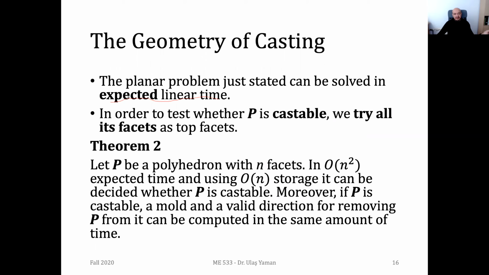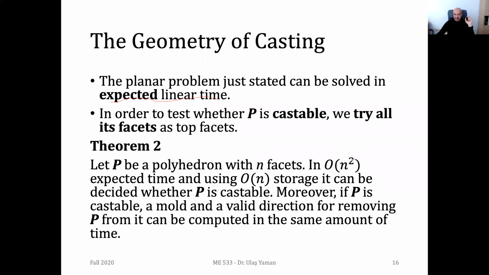So this is actually the brute force method. If you have a polyhedron P with n faces, then in quadratic time, and using linear storage, it can be decided whether your polyhedron is castable or not. And if it's castable, obviously, you can tell the user or the people in which directions they should be removing their part from the mold.